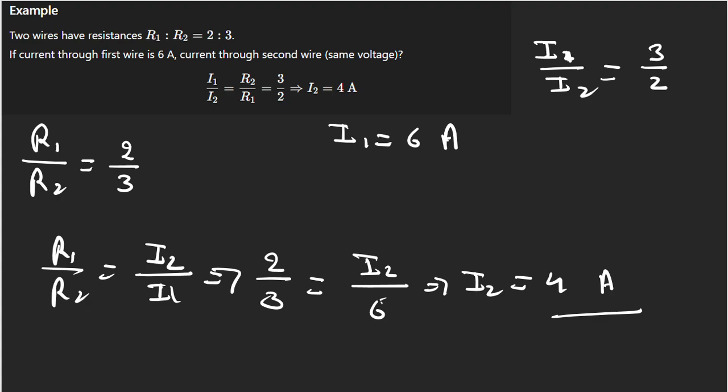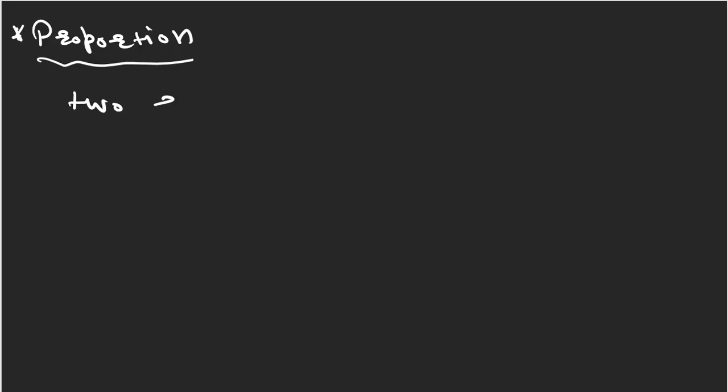Now a little complicated version of ratio is proportion. The second part is proportion. Proportion is actually when we have two ratios.